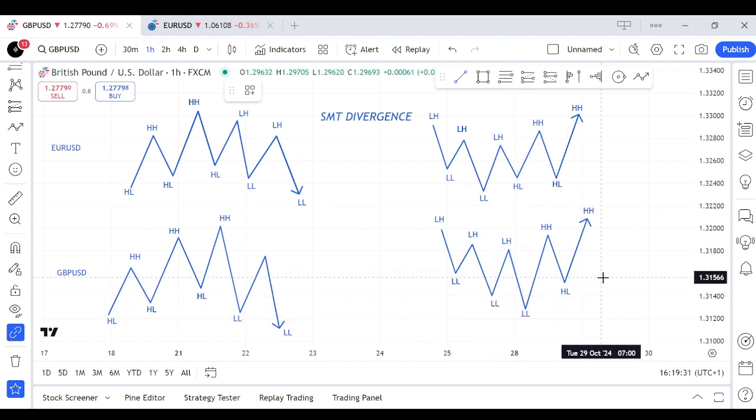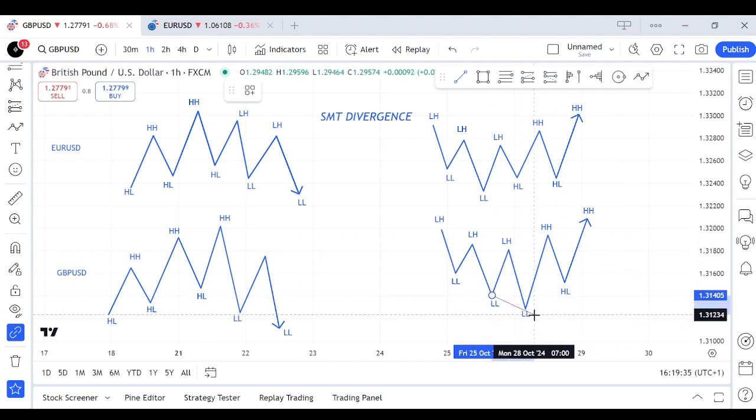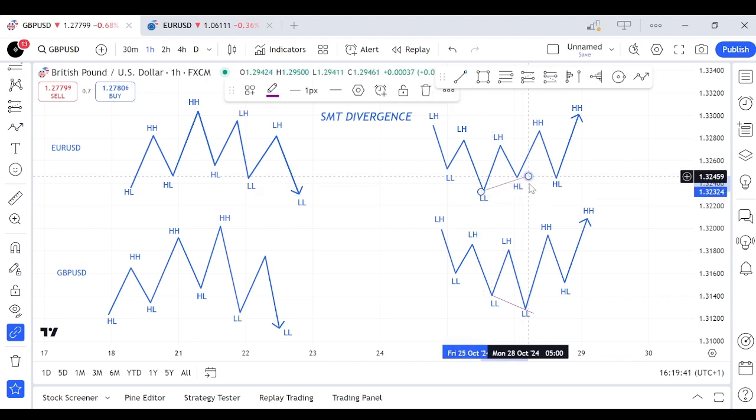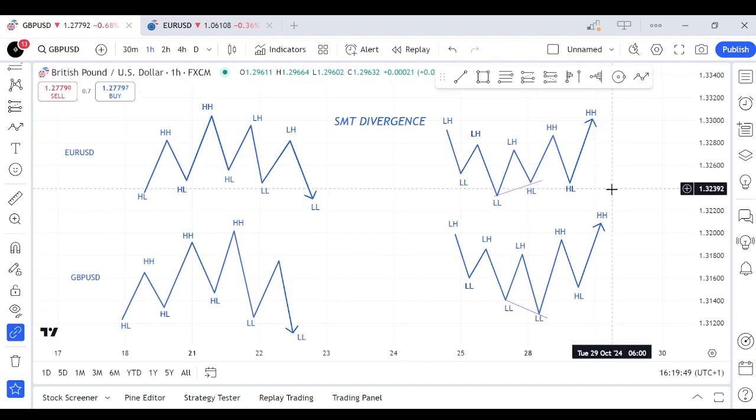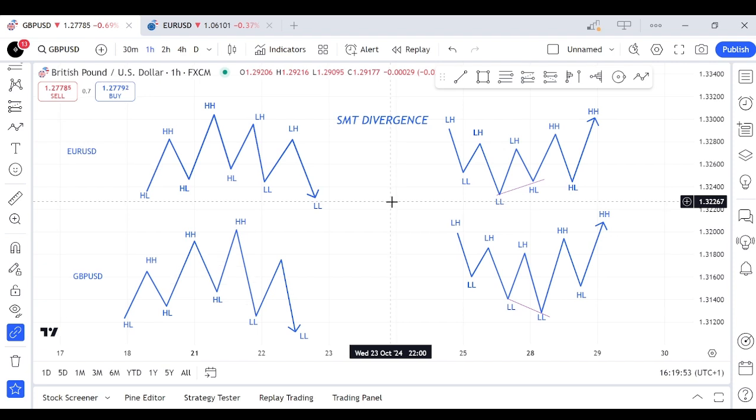So this can signify potential SMT divergence. One pair made a lower low confirming the bearish trend, but another pair made a higher low, and this can signal that the market might change its direction to the upside. So that is the bullish SMT divergence.